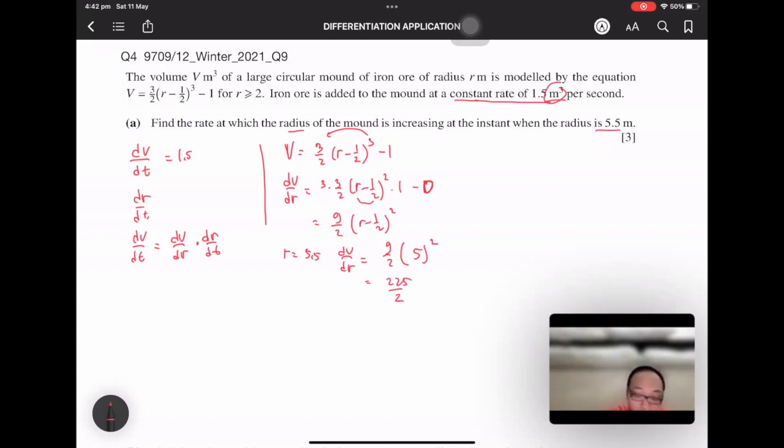So now we can put it in here. dV/dt is 1.5 equals 225 over 2 times dr/dt. So dr/dt will equal 1.5 divided by 225 over 2. So 1 over 75 centimeter per second.